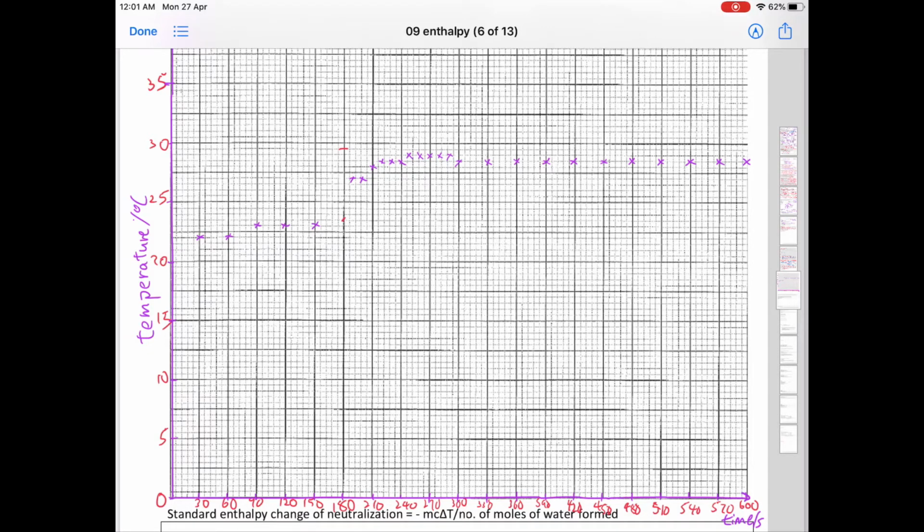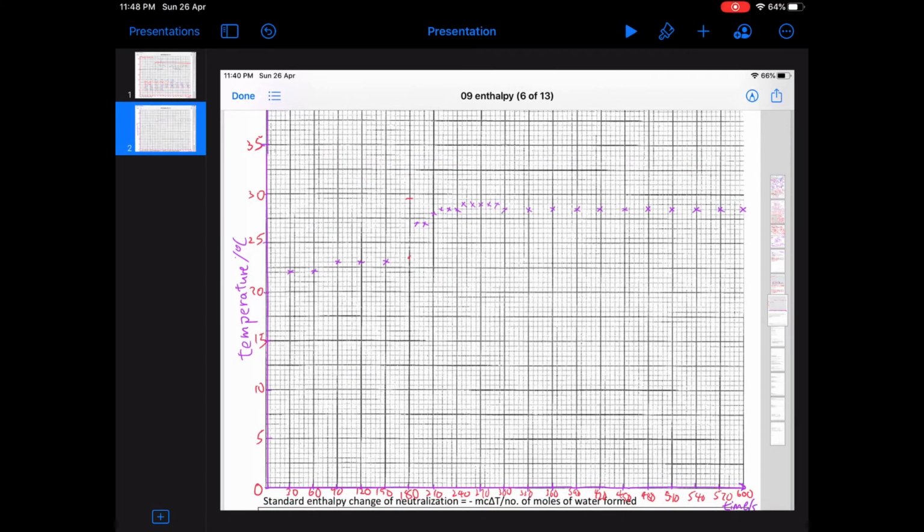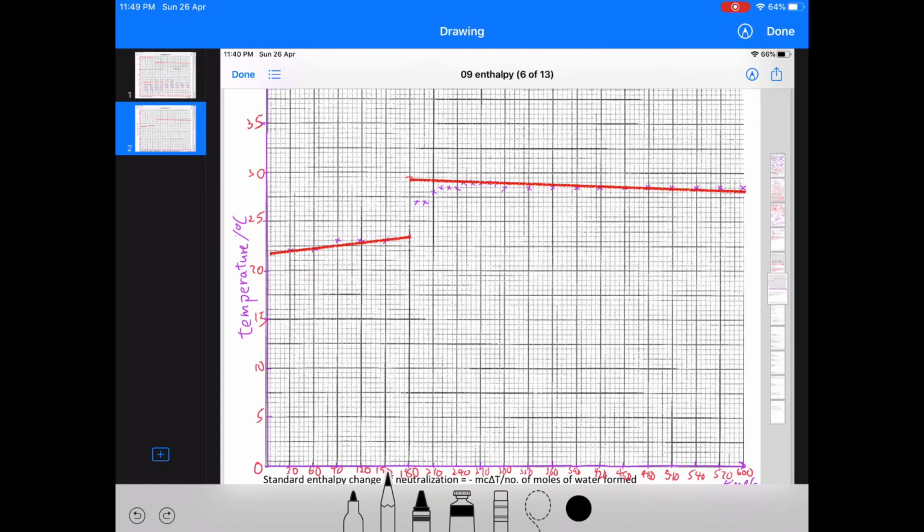Then again, do the analysis by another app first. The analysis part is just similar. For the initial temperature, because now it is an upward trend, we again draw a best fit line to extrapolate it to 180 seconds, and also for the decreasing trend. For the initial temperature, it should be 23.5 degrees Celsius.